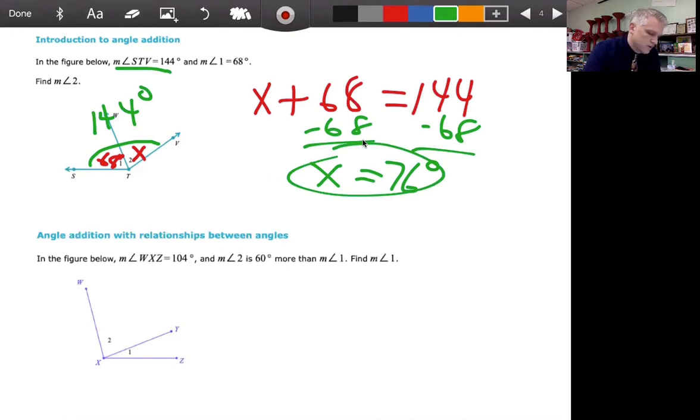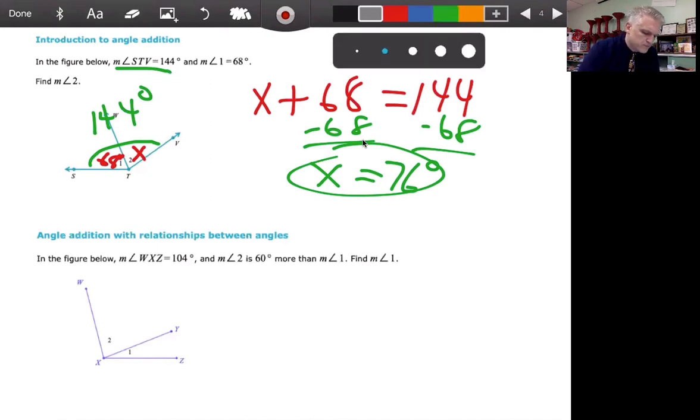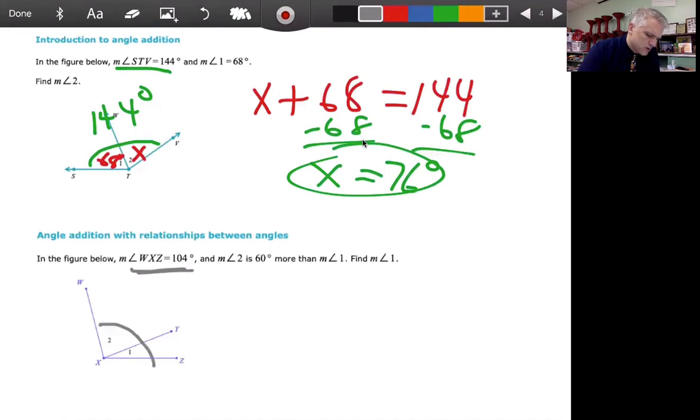Okay, so you take that relationship, and we're going to do the same thing in this next question. It's just that now it gives us a little bit more to work with. Okay, so here it says angle WXZ, which is this big angle. The measure is 104 degrees.